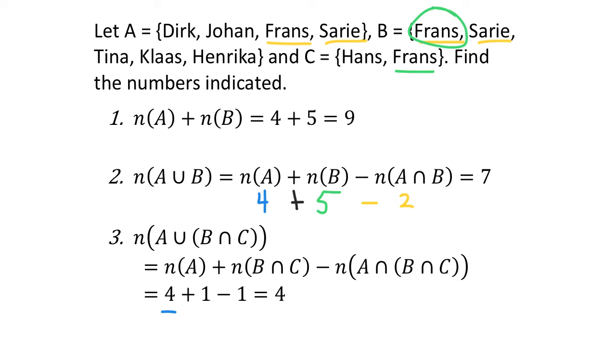And what do A, B, and C have in common? The only thing B and C have in common, maybe we'll use red on this one. B and C have Franz in common, but look, that's in the set A also. The same one that was intersected with B and C is the same one that also intersects A. So it turns out you just get the 4 elements of A, and whatever B and C has in common is also in that set. Whew.